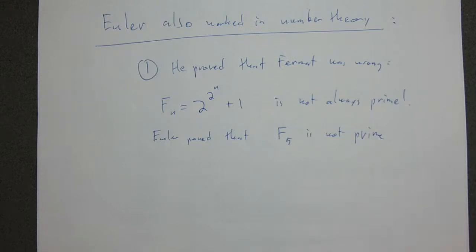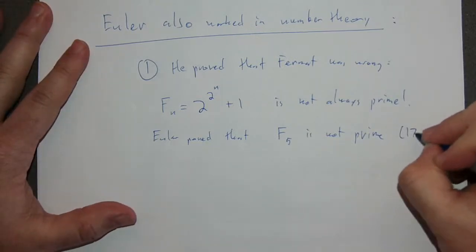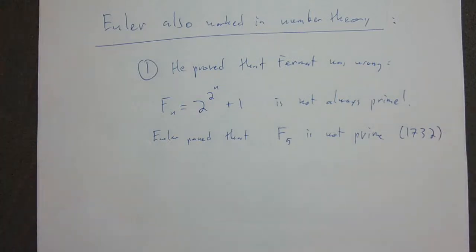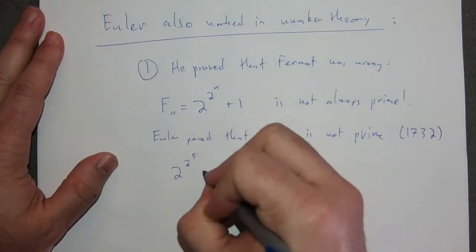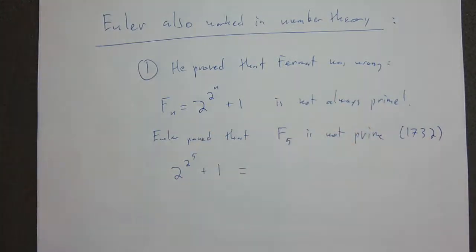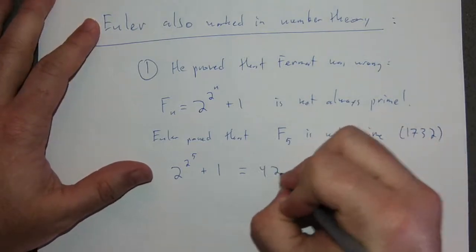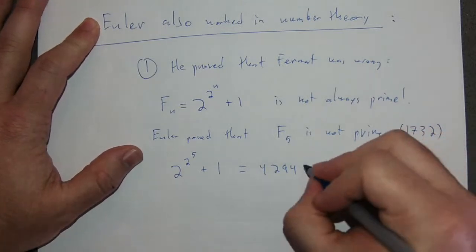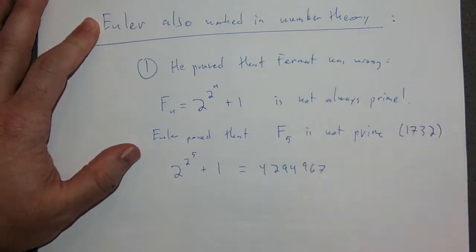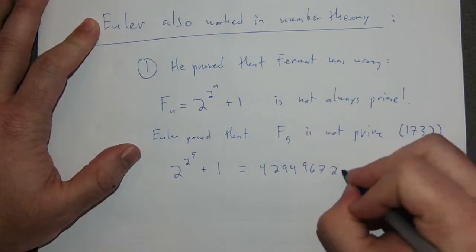He did this in 1732. And he did this by factoring 2 to the 2 to the 5th plus 1. If you work out what that is, this is 4,294,967,297.